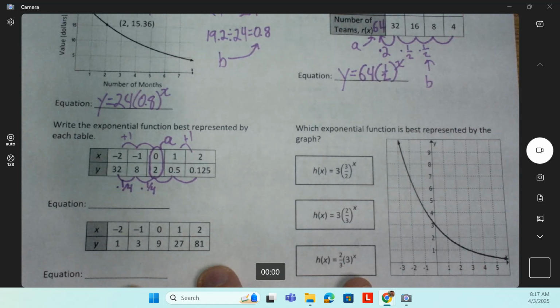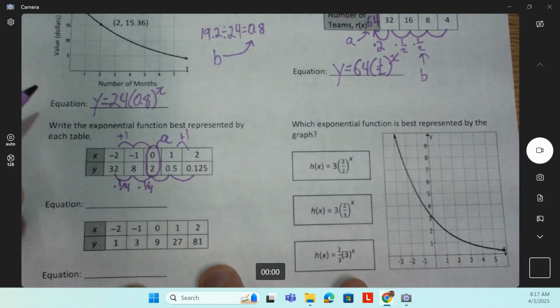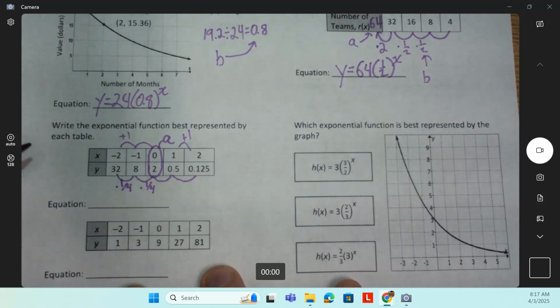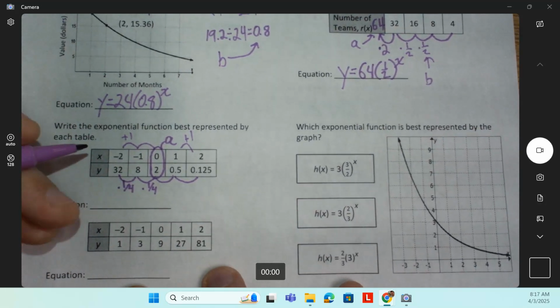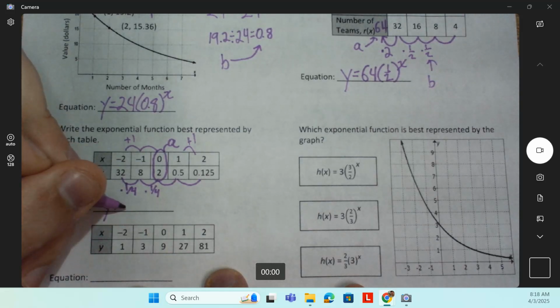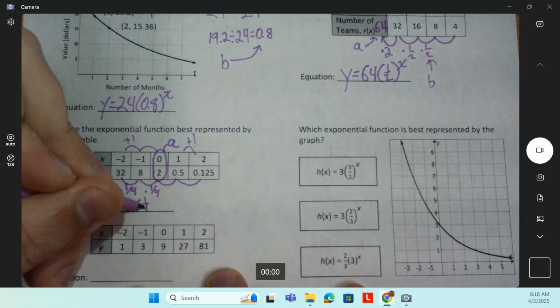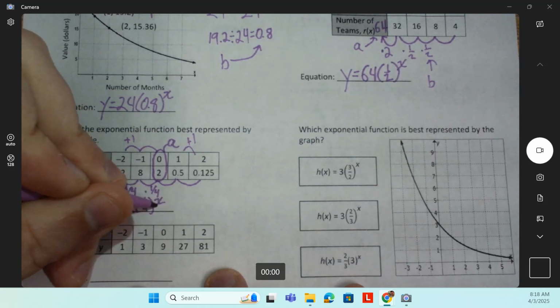And that it keeps going downward. If they don't show you a change here, then it's not going to be a quadratic function either. So now I've got my a value. My b value would be 1/4. So we just write it as y equals 2 times 1 over 4 to the x power.